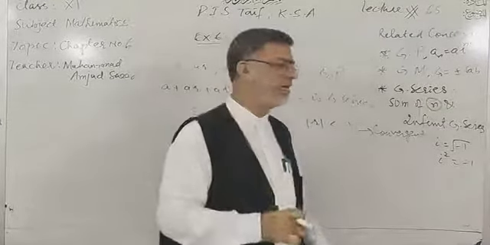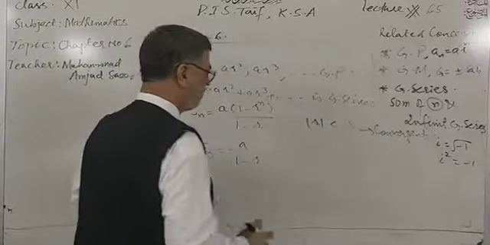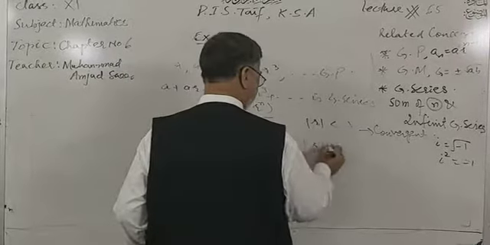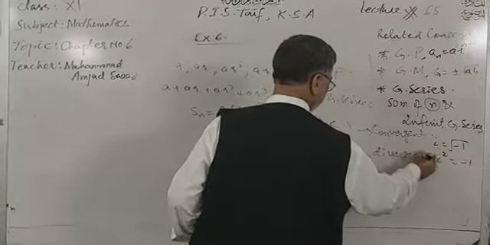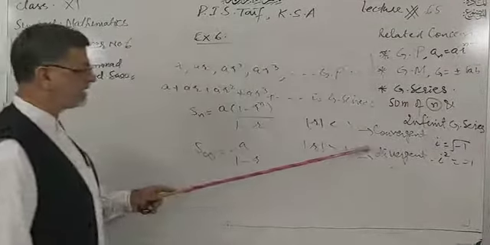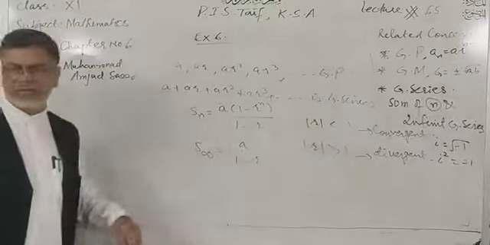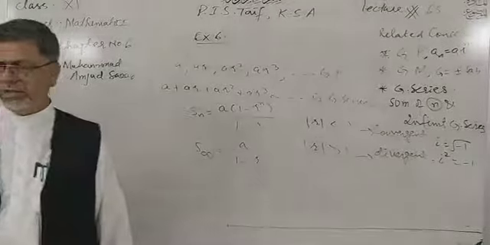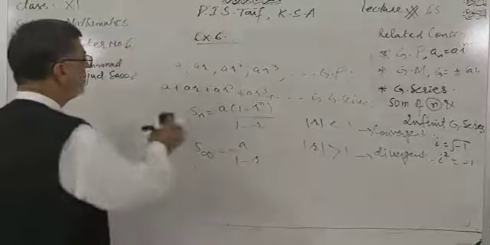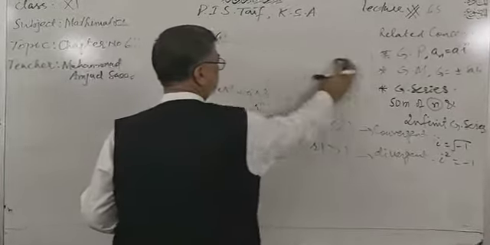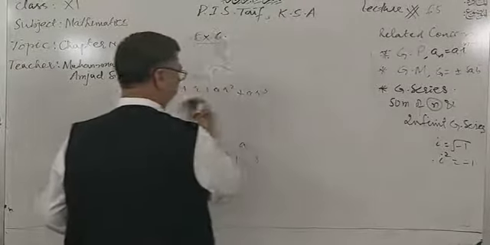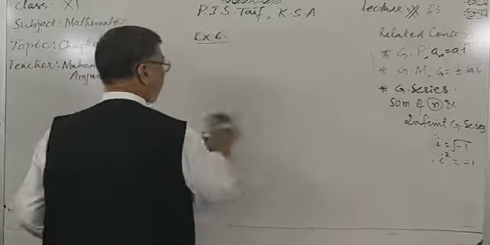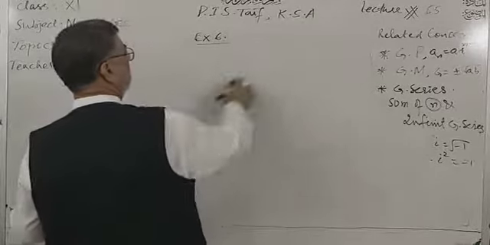And if the numerical value of R is greater than 1, the series is divergent. Actually, it is scattering. It is not converging to any constant value. So these are the formulas for the n terms and infinity of a geometric series.